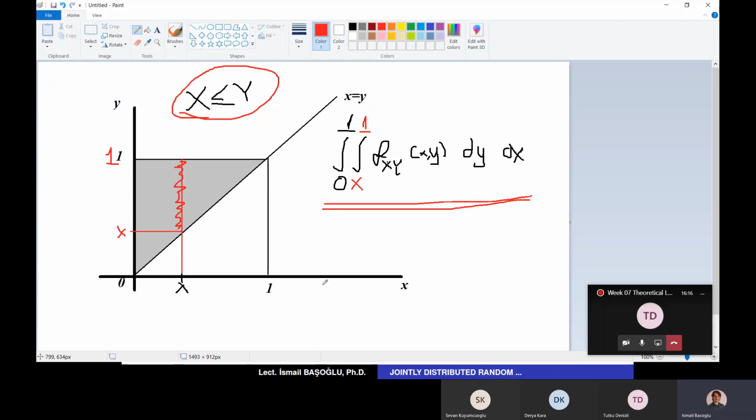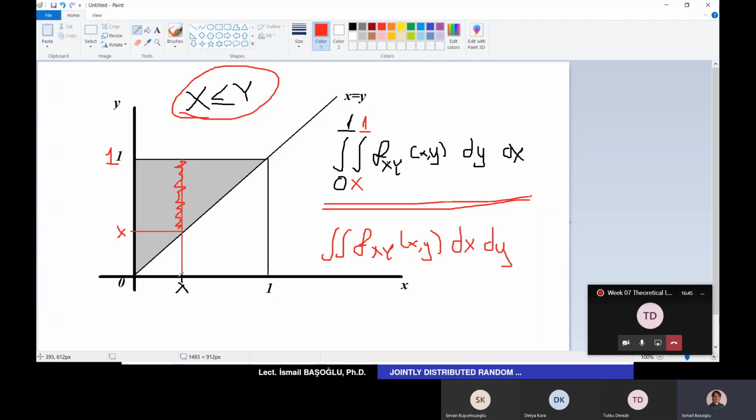Now, you may ask this question: what if I calculate that integral of the joint PDF in the reverse order? Instead of taking the inner integral with respect to y, what if I calculate the inner integral with respect to x, then the outer integral with respect to y?